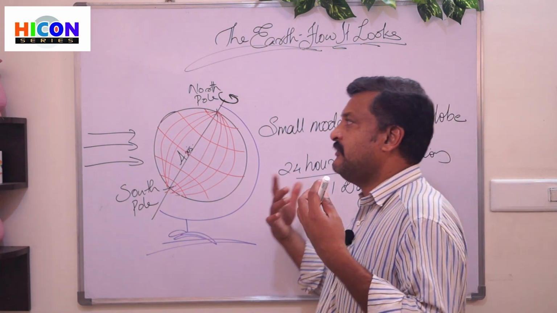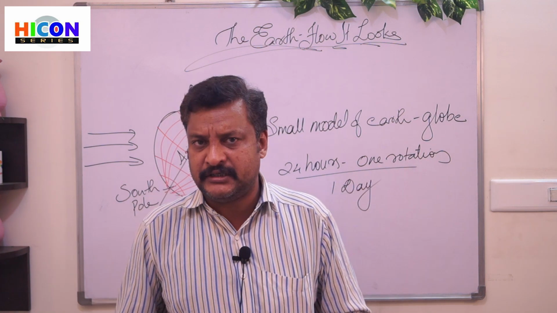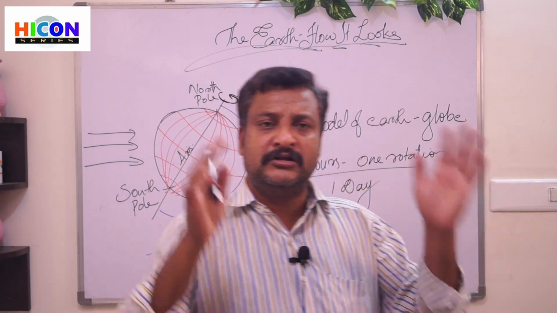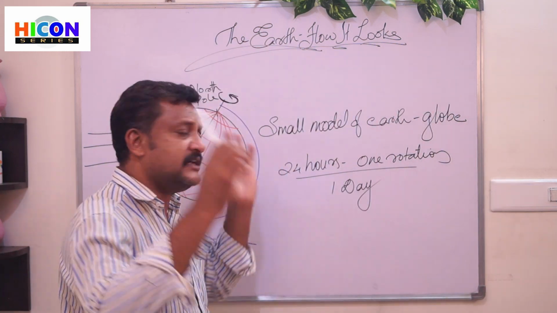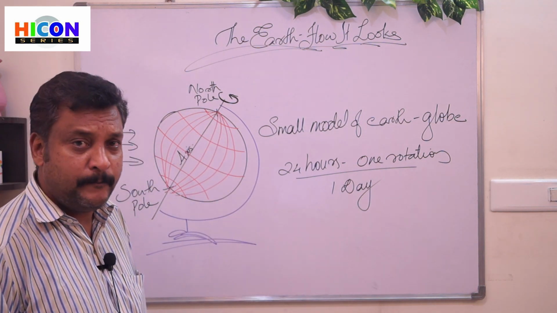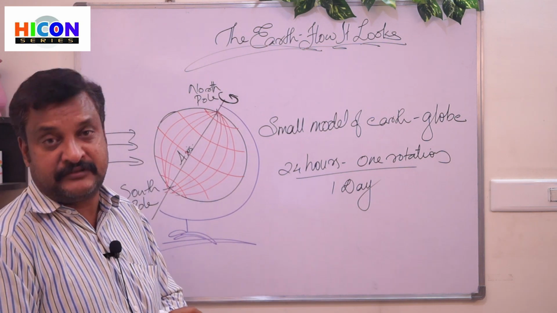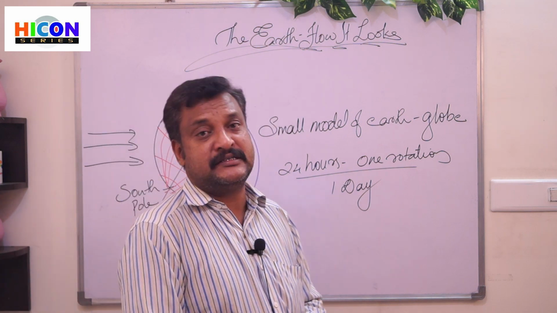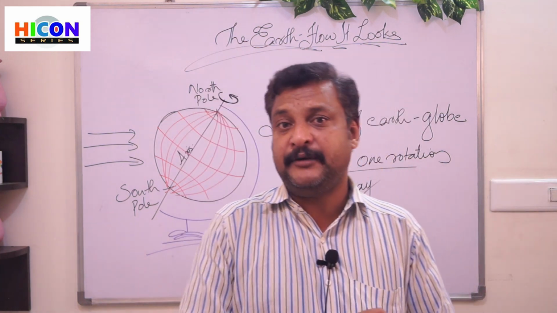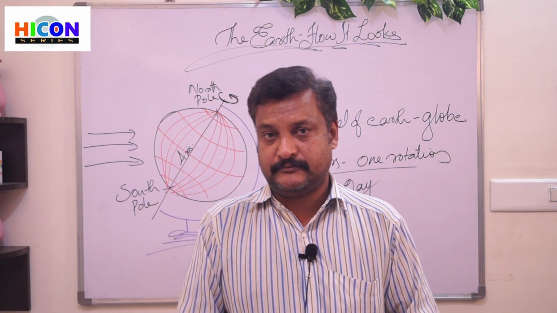So we have seen a large amount of the earth's surface is made up of water, and there are some land areas also. All the land areas, all the water bodies, oceans, seas, everything will be printed on this globe. It is almost in the same shape of the earth itself, so that we can understand how earth rotates, how the earth is shaped, which areas are found in which part of the world, everything.